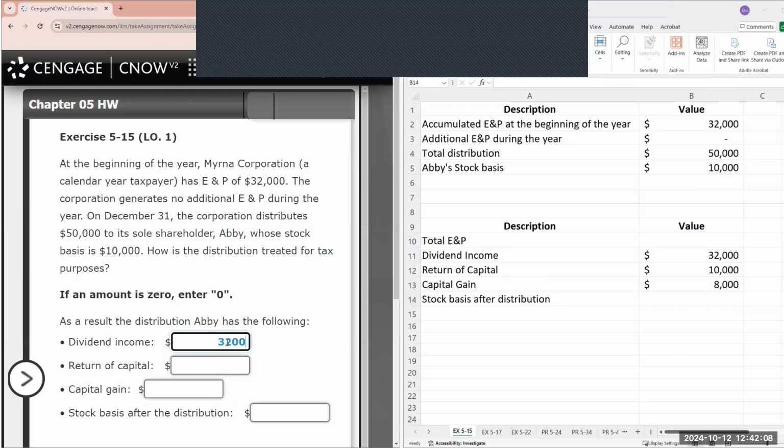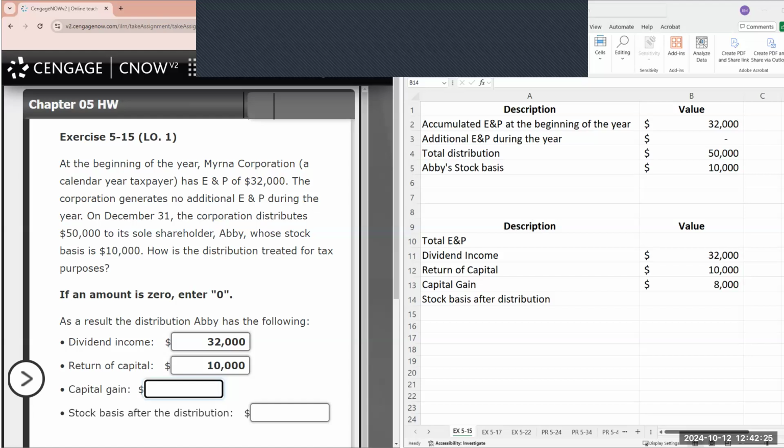So dividend income to the extent of E&P. The distribution was 50,000, so we still have an excess of $18,000 worth of a distribution. The stock basis was 10,000, so therefore the return of capital is 10,000.